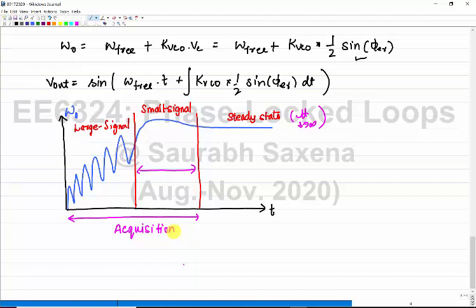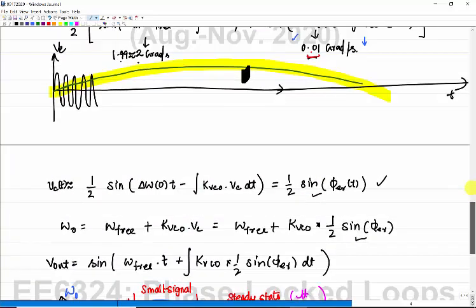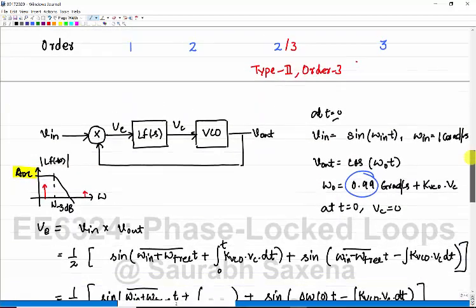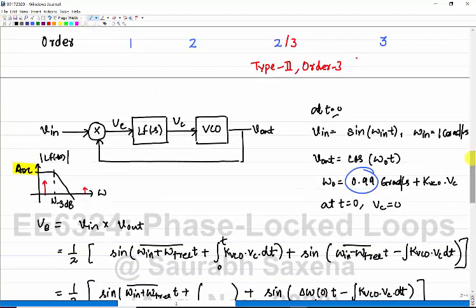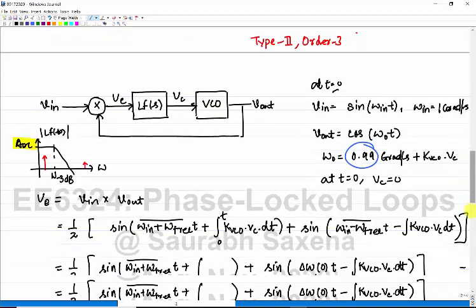Okay, and then we need to define how much range of frequencies the PLL can acquire. It may be that, for the above example, if I have only 0.01 gigaradian per second initial difference, it can only acquire that. But if I make it maybe 0.1 gigaradians per second, the PLL may not reach this location at all.